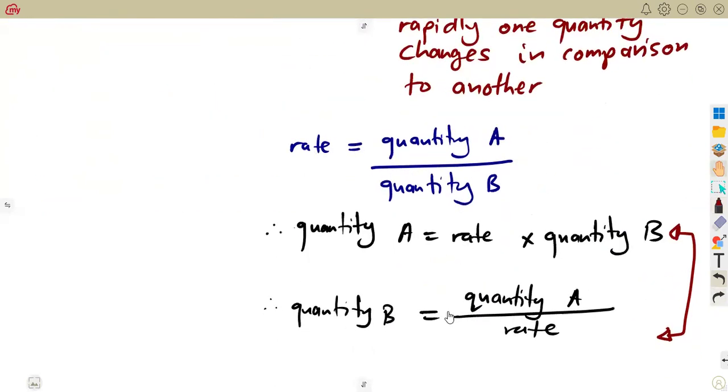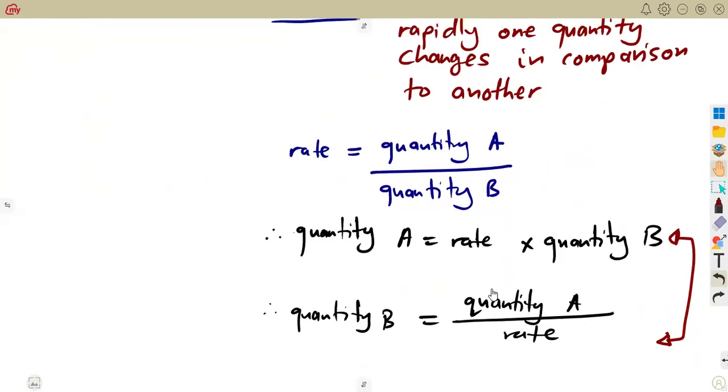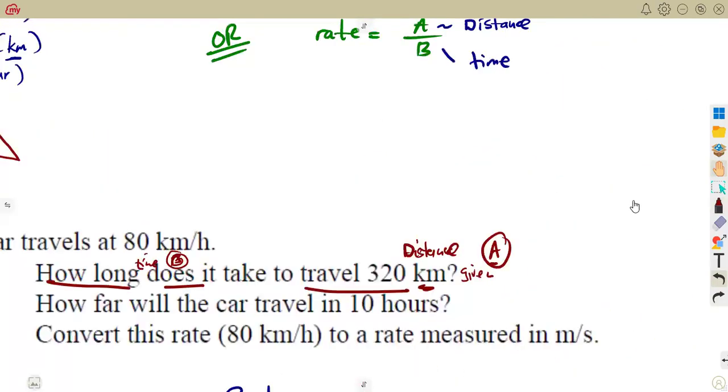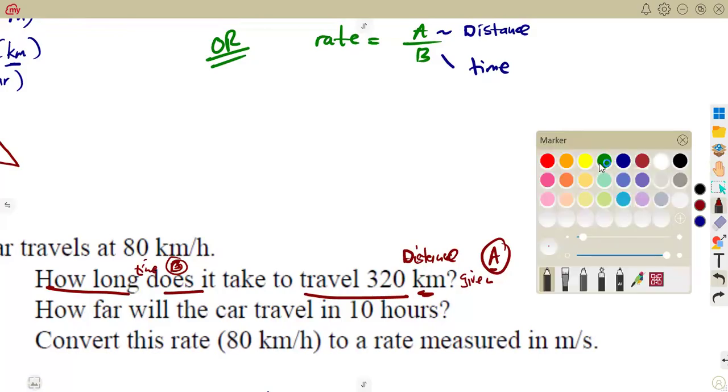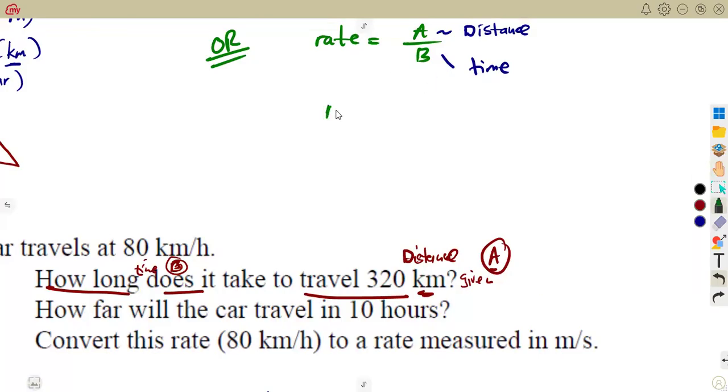Quantity B is equal to quantity A over the rate. Where B is representing the time.